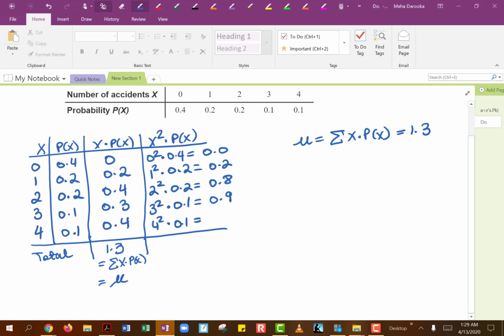And 4 squared is 16, and 16 times 0.1 gives us 1.6.